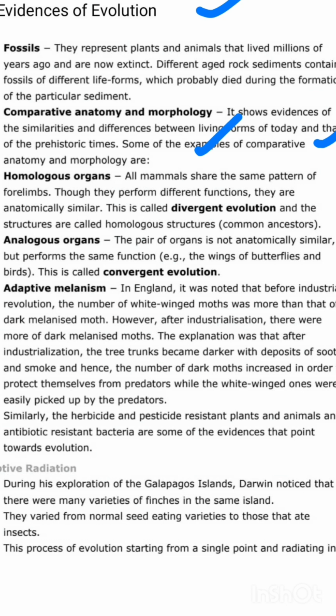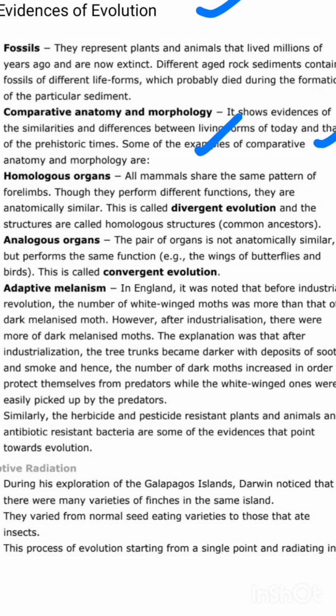Though they perform different functions, they are anatomically similar. Anatomy means the internal structure, and the external visible structure or morphological features, that is visible to our eye, are called morphology.